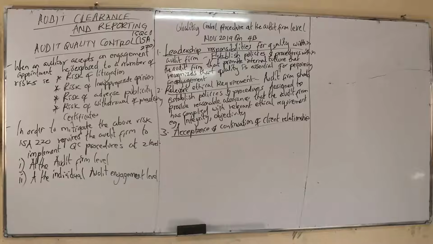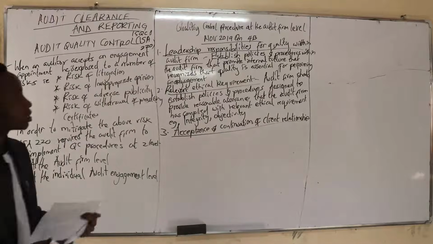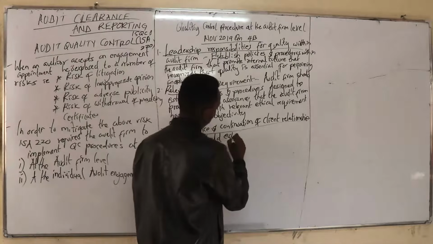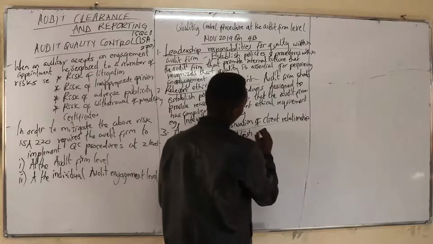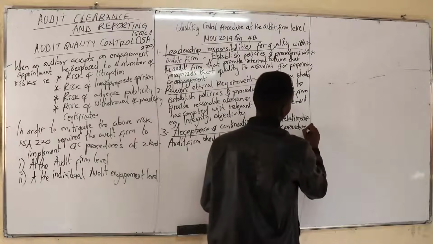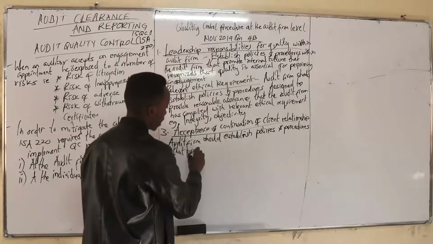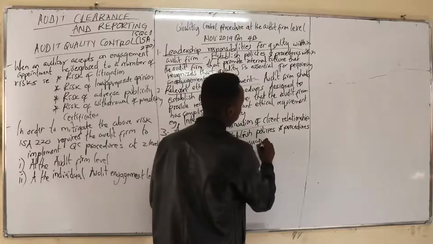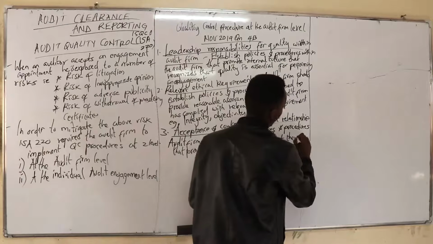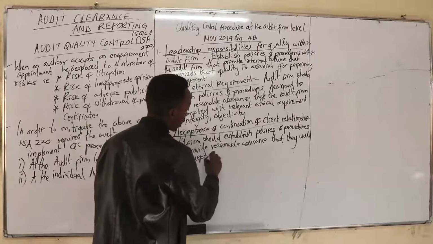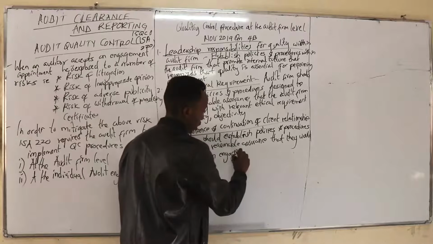Also, in this case, the audit firm should have established policies and procedures that provide reasonable assurance that they will only accept an engagement in which they know they can perform it.